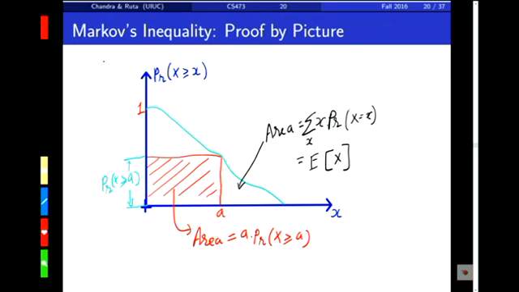Because what do you do when you compute the area? For every point, you take a small bar here, right? And you can divide this entire area into small, small bars, and those are exactly x times probability of x equals x.